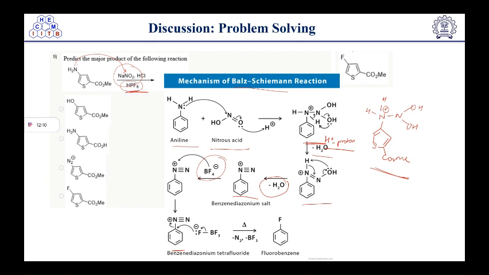So fluorine attack will take place and this diazonium elimination will take place, minus N2, which will result in a formation of fluorobenzene. So fluoro substituted product we will get here. So instead of amine, functional group change is taking place and we are getting fluoro here. So this type of reaction is known as a Balz-Schiemann reaction. So you practice with this one and we will get here the product, which is the fourth one, the correct option.